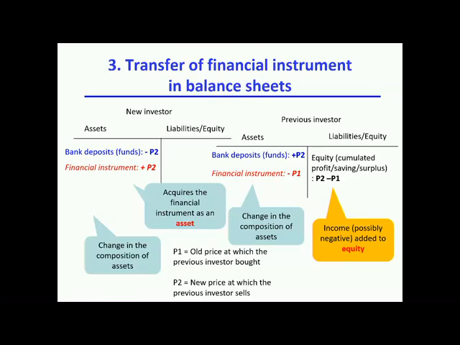And profit means you made your own money on top. You just didn't swap one asset against another in a zero-sum game, but you actually gained something, and the gain goes onto the equity side here. Again, we want to have the balance sheet balanced, right? So you made profits P2 minus P1. Or if you had tough luck and you sold it too cheaply, you would make a loss. And you would be, of course, unhappy. So that is the previous investor.